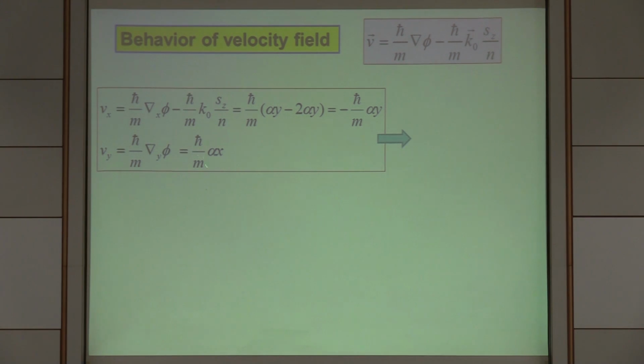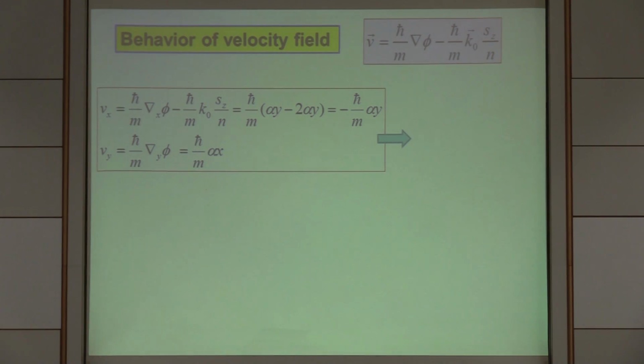And one can show, if one puts here the solution of the previous equation, that the spin contribution changes exactly the sign of the rotational term and provides at the end a value for Vx which is minus alpha y, while the velocity along the y direction is given entirely by the irrotational term and is given by alpha x.